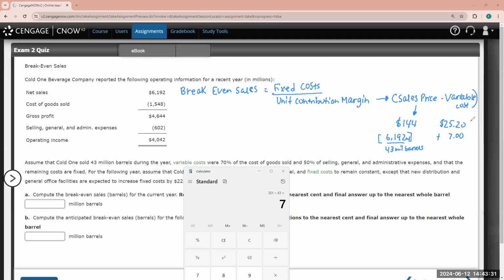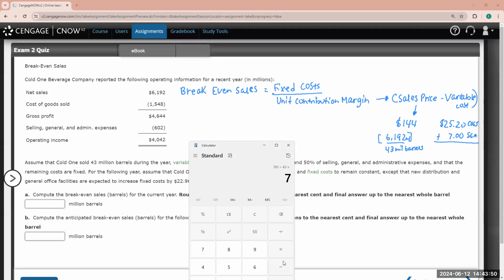So here we have our cost of goods sold, so COGS, and then we have our SG&A. These represent our variable costs. So when we consider this, we add it together, the 7 plus the $25.20. We get a total variable cost of $32.20.